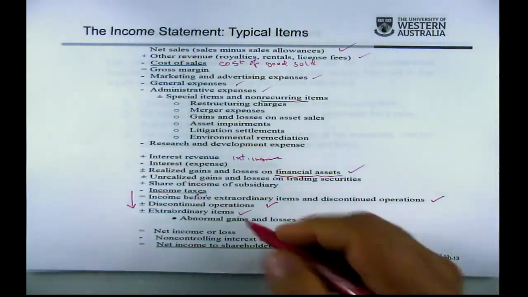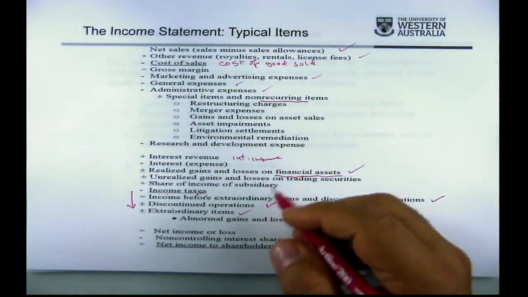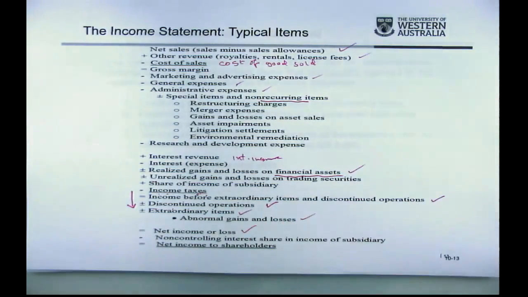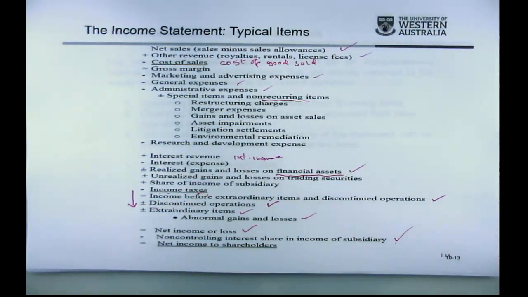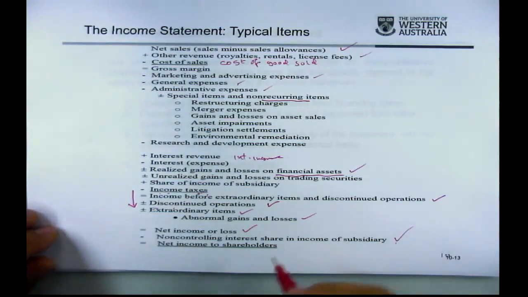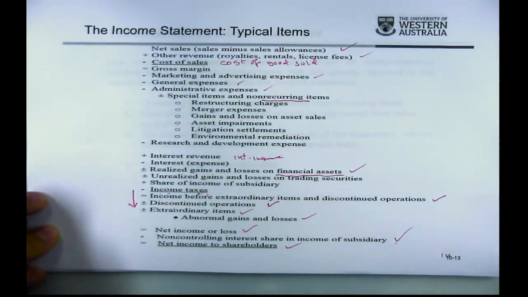Then once we have added the extraordinary items, we have the net income or loss. If we have subsidiaries with minority equity, then we subtract that part of the income that belongs to others in our subsidiaries. Then we get the net income to shareholders. If our firm has preferred equity and they are entitled to dividends, we need also to subtract preferred dividends.